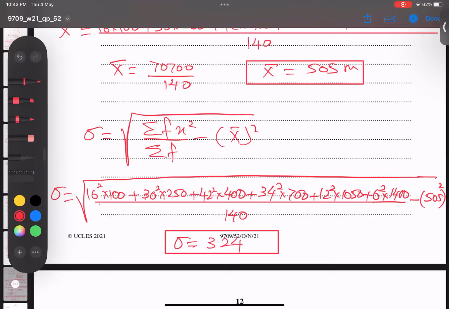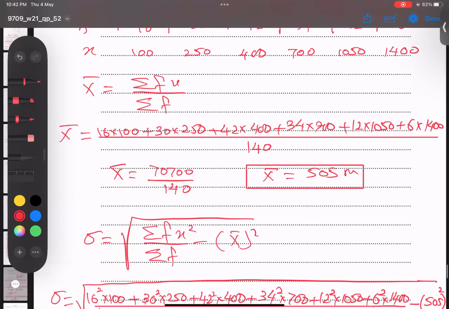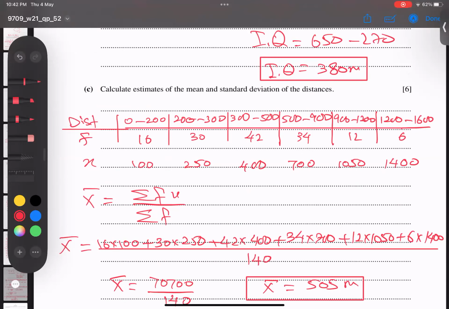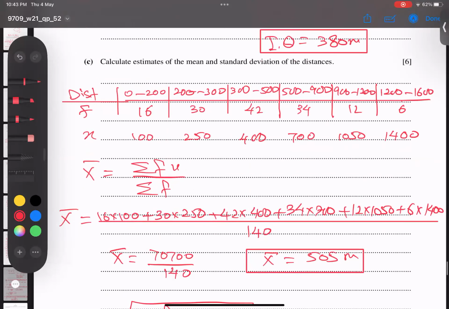So I hope the concept is clear. But wait a minute, fx square. This is all okay. Let me recheck once.